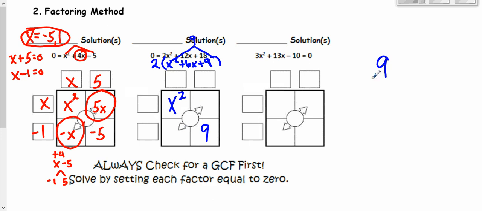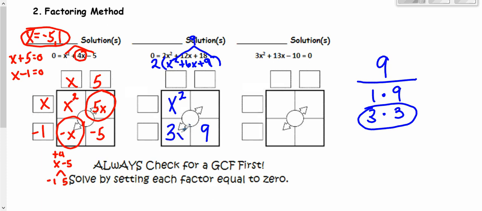Okay, so let's break that apart. So things that multiply to give me 9, I have 1 and 9. I have 3 and 3. And I can stop here because 3 and 3 make 6. So this will be 3x, and this will be 3x.